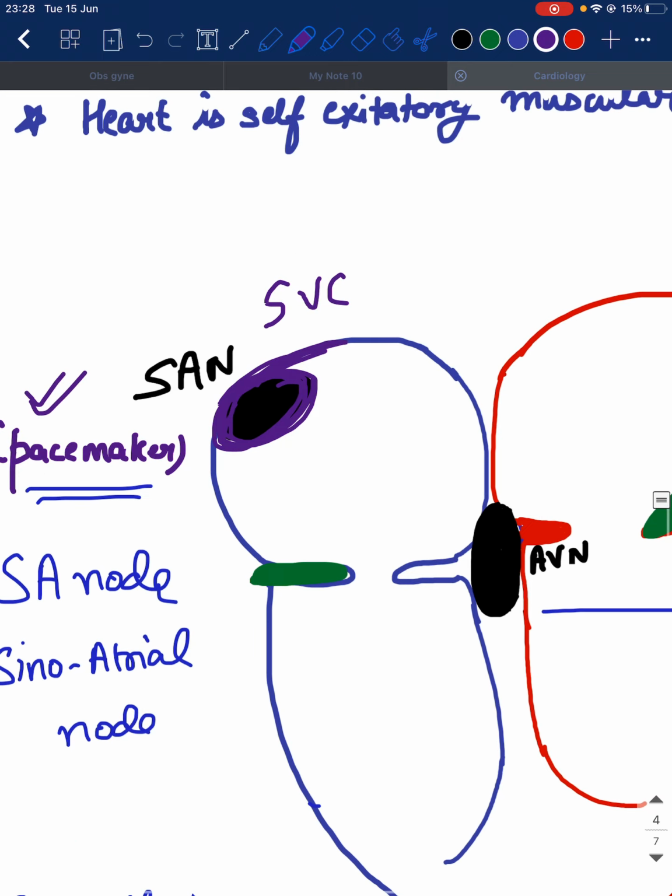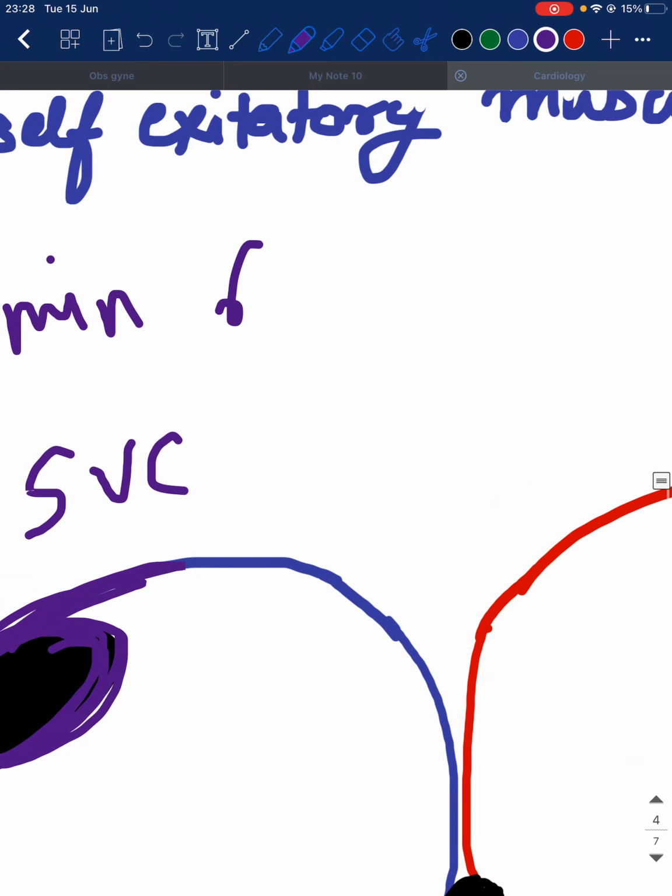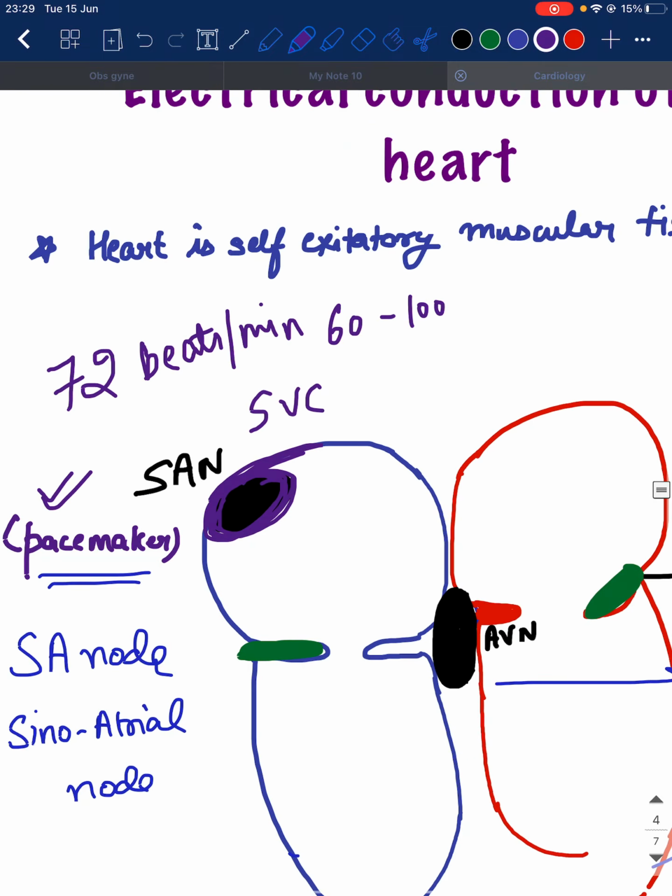It generates on average 72 beats per minute, which is known as the normal heart rate. The normal heart rate is between 60 to 100, but the average is 72. Correct?